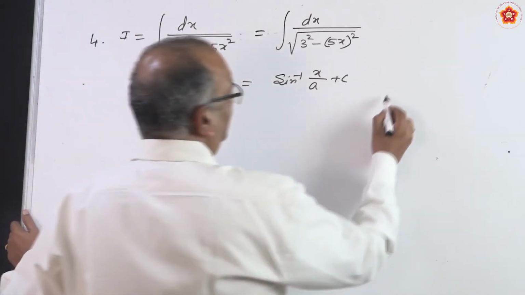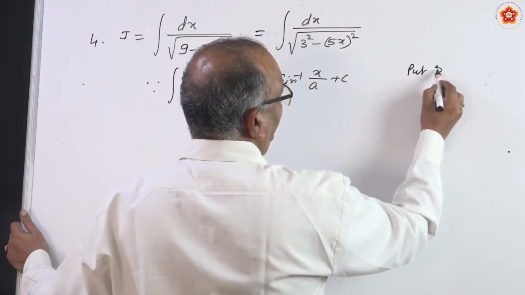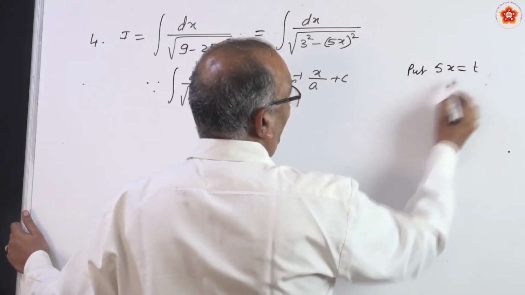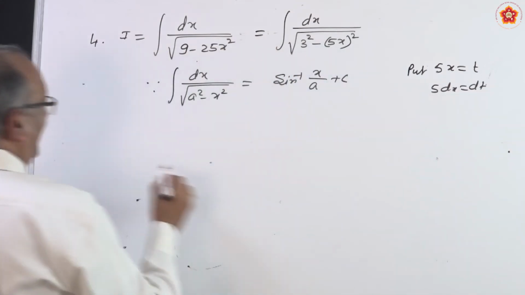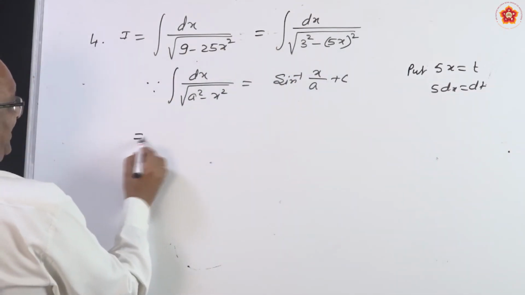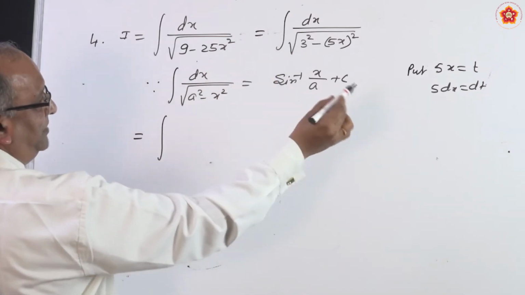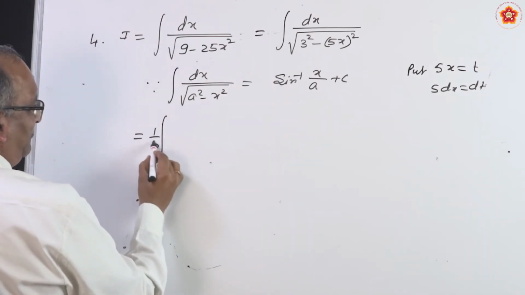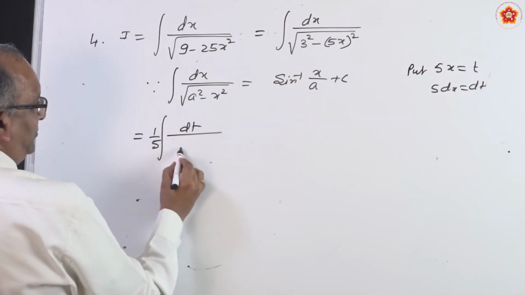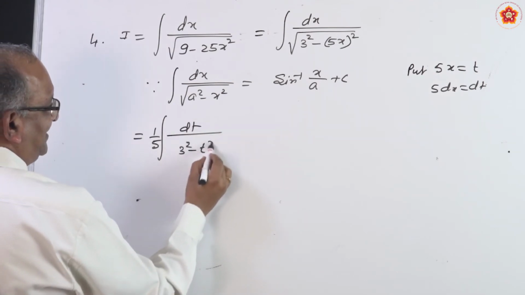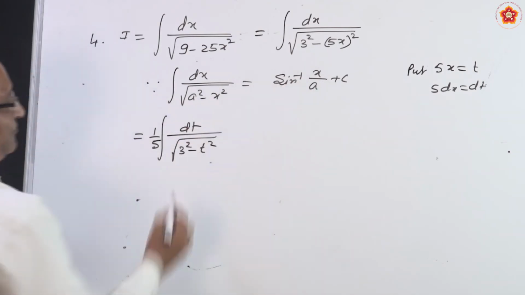So, what you do is put 5x equal to t. So, what you will get? You will get 5 dx equal to dt, or in other terms, dx will become dt by 5. So, it is 1 by 5 outside, dt upon 3 square minus t square. Now, use the formula.